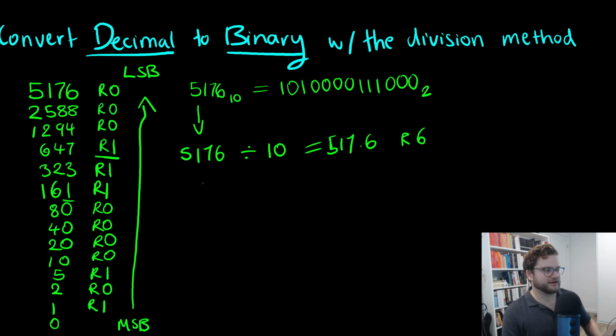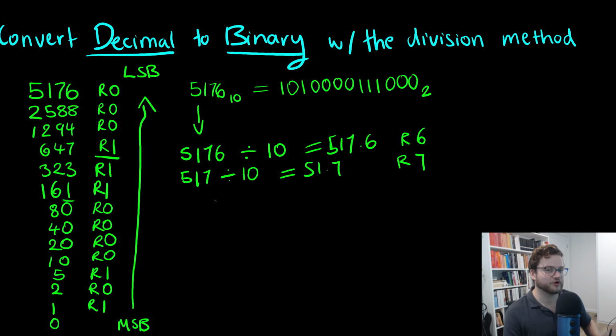So the next number we divide is 517. This 6 is gone. And we'll divide that by 10. Great. What is that? Well, I'm sure you'll know. It's 51.7. So that's a remainder of 7.